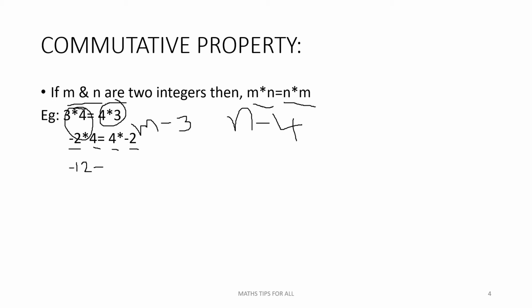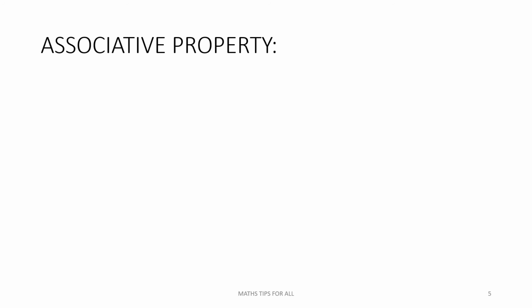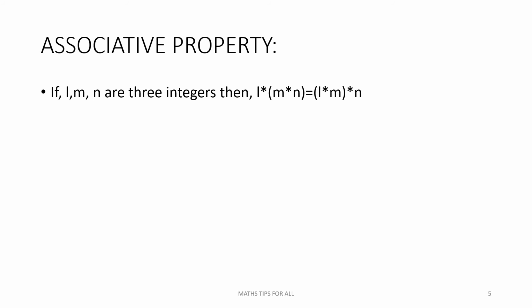Always remember first we have to multiply the signs, that is plus into minus. 4 3s are 12. So we always get -12 is equal to -12. So both are equivalent.